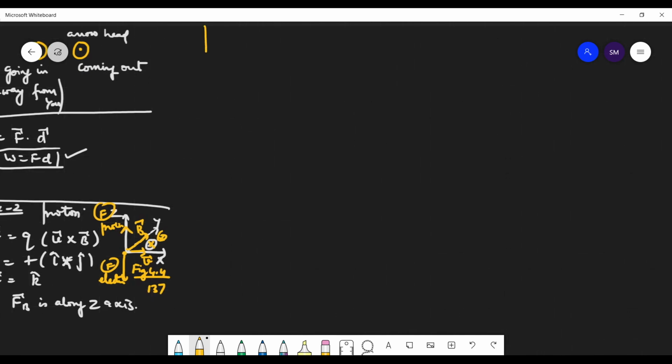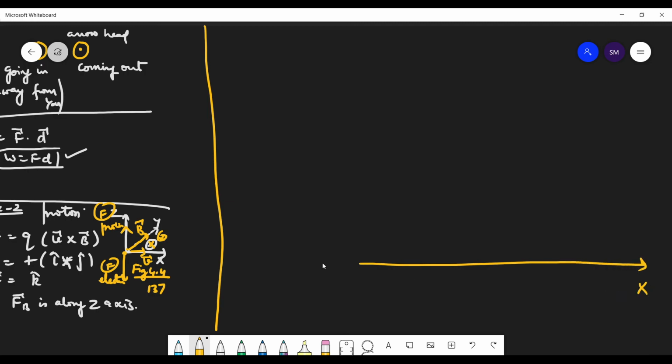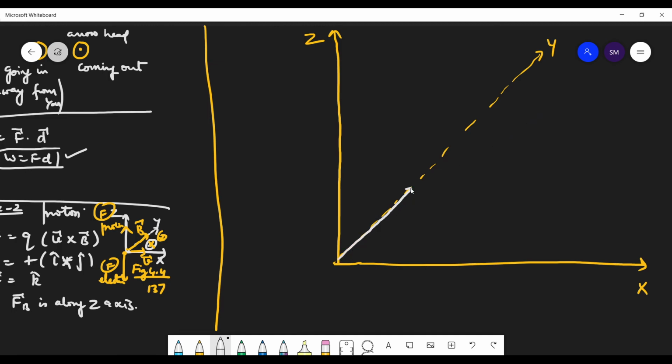So now what will happen, students? Let us discuss this thing. We have this figure, this x-axis. Let's make a big figure, isn't it? That's your y-axis, and that's your z-axis. So the field is parallel to y-axis, okay?